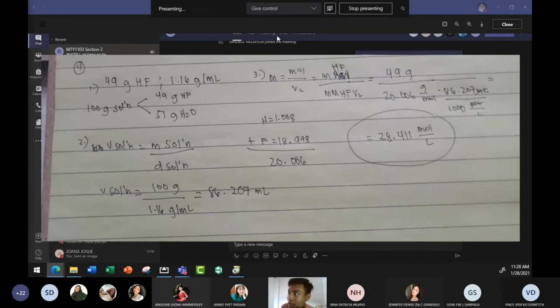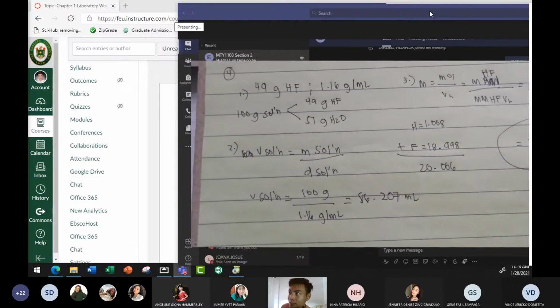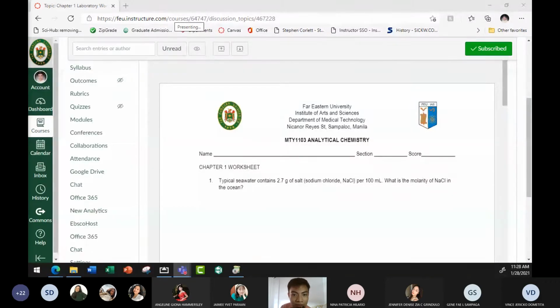How about molality? Okay, so how about molality? Any volunteers? Ito yung sagot dito sa molality, malayo ha. Malaking difference. So let's have Lian Micaela.